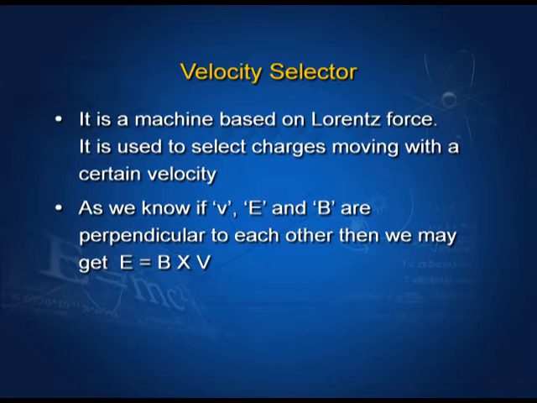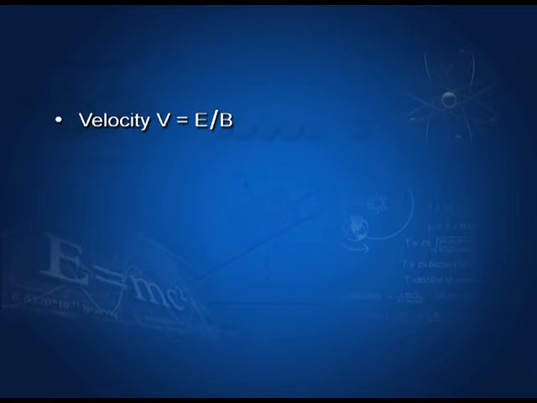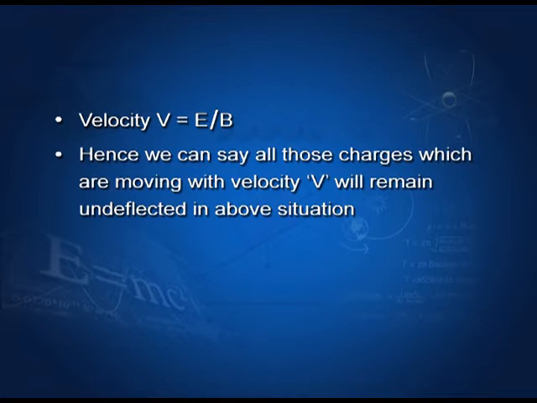As we know, if the electric field, magnetic field and the velocity are all perpendicular to each other, then we get electric field E equals B cross V. So, velocity v equals E divided by B. Hence, we can say all those charged particles which are moving with velocity v equals E divided by B will remain undeflected while passing through a region where the electric field and the magnetic field are perpendicular to each other.